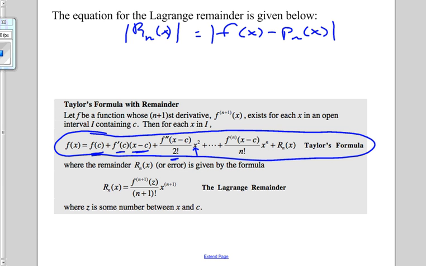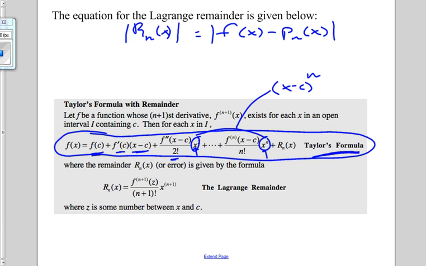This is Taylor's formula. I got this out of the book, but there's an error: these x's here should be x minus c to the n. So just note that. But we've seen this Taylor formula before.